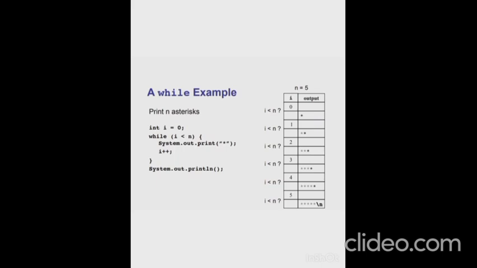So if we apply 0 for i, and we already know n is equal to 5, what is the output of this? Here is the table for that.